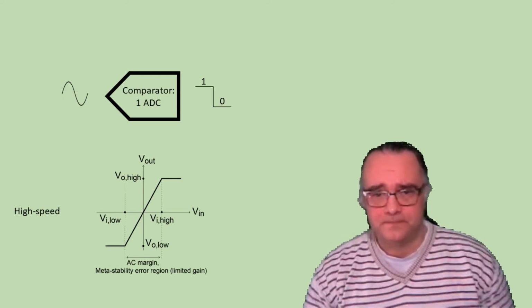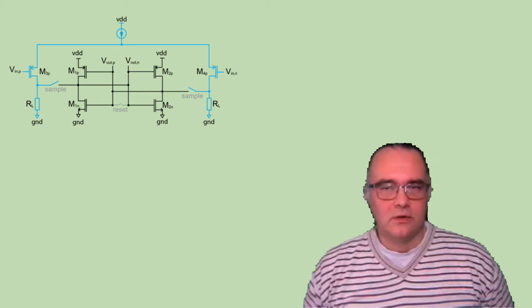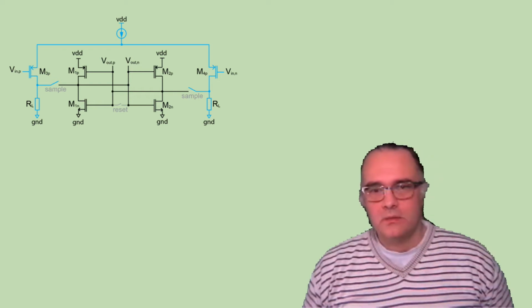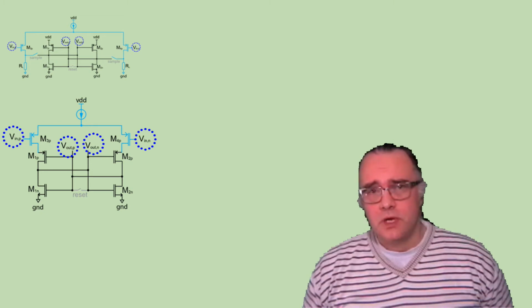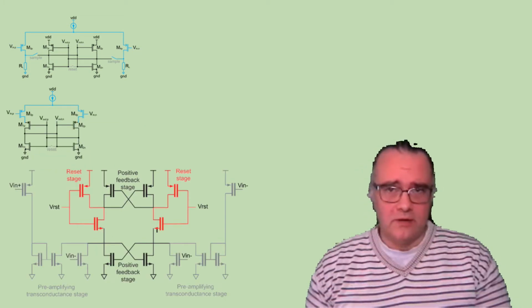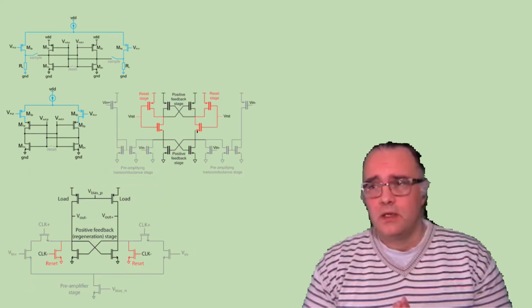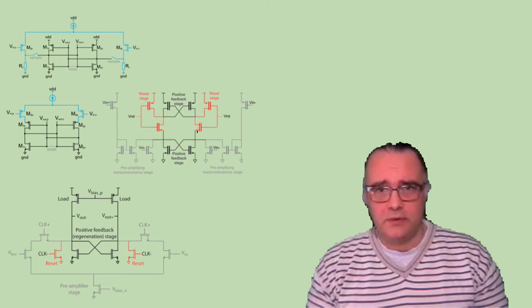There are many different implementations of a comparator, but usually the comparators are differential circuits. So the output is available as output positive and output negative voltage. The input is also differential, input positive and input negative.